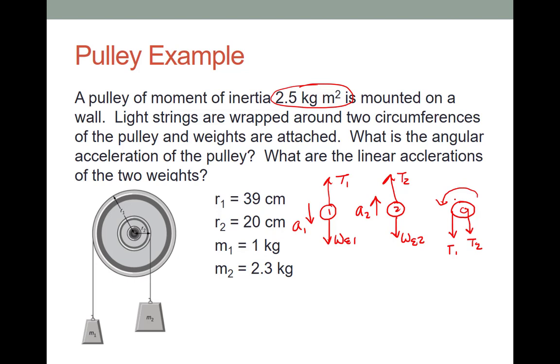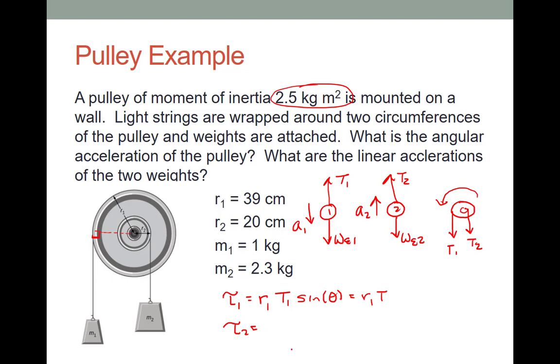Those two tensions, however, will cause torques on the pulley. So let's define those torques really quick. Torque 1 will be due to tension 1, and that is going to have a radius of R1, a force of tension 1, times the sine of the angle between them. Often I haven't written this sine term down because when dealing with these situations, the angle is 90 degrees and the sine of 90 degrees is 1, and it just goes away.